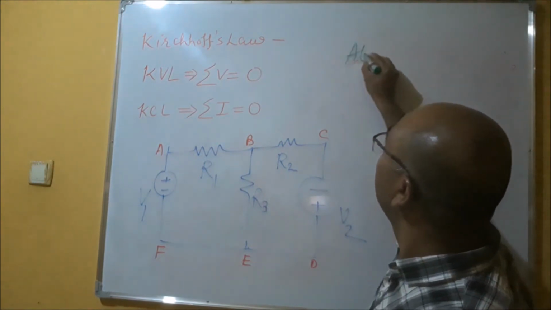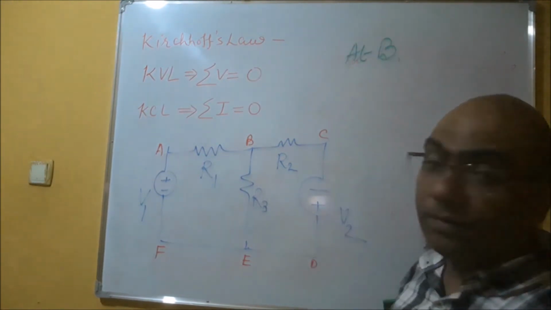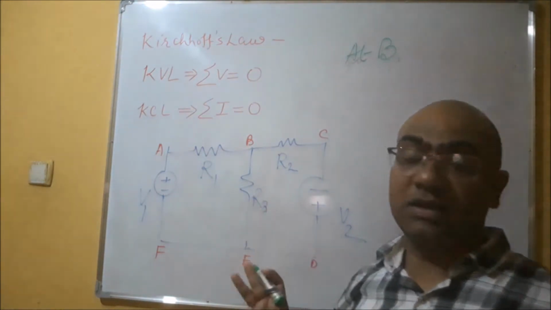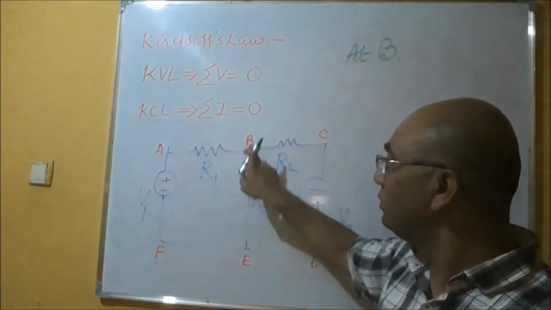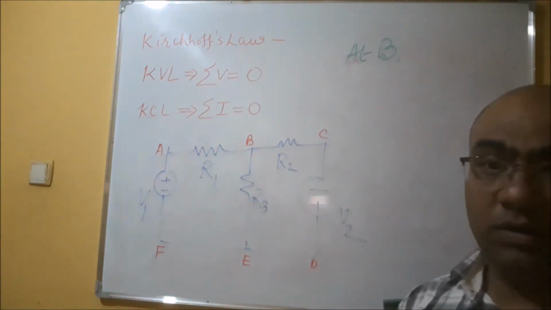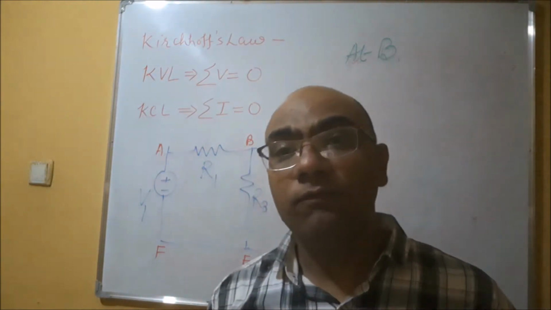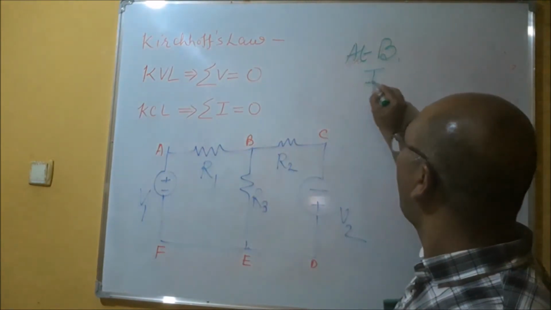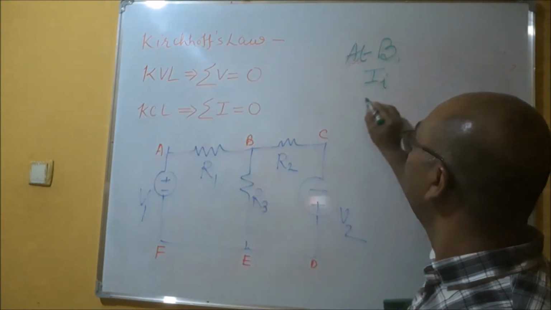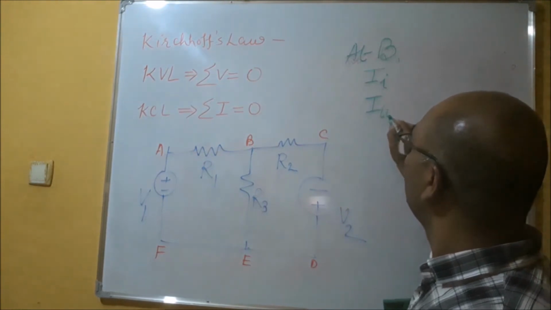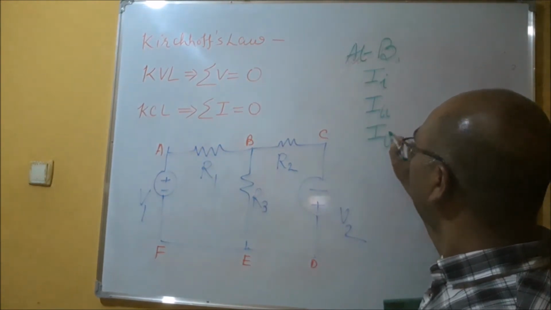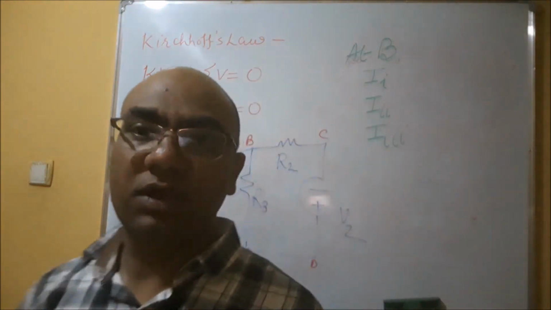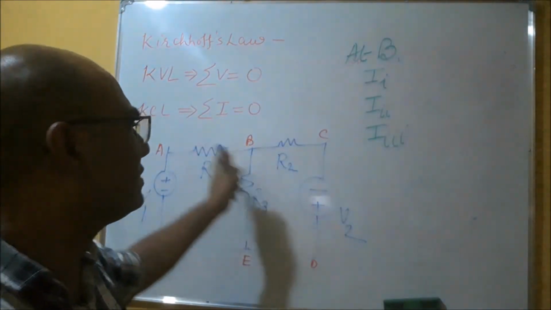At B, three branches are connected: 1, 2, 3. So if three branches are connected, there would be three currents, 1, 2 and 3, going from one side to another.